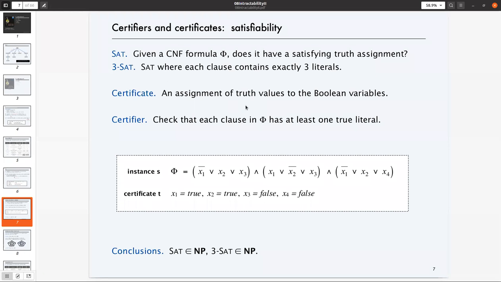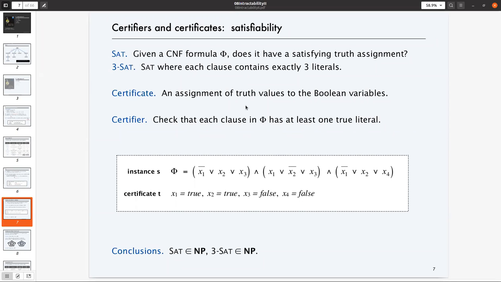But you cannot verify that whole truth table in polynomial time, right? Yes, ma'am. And also the certificate I have provided, the whole truth table, is not a polynomial size certificate, right?